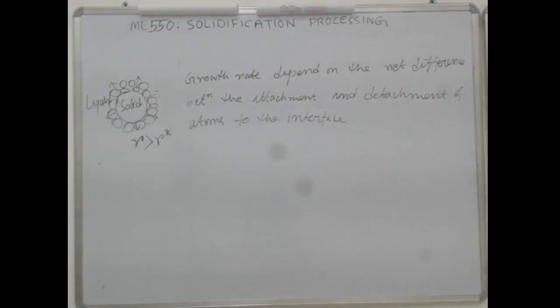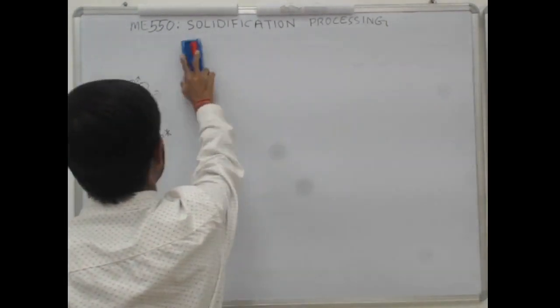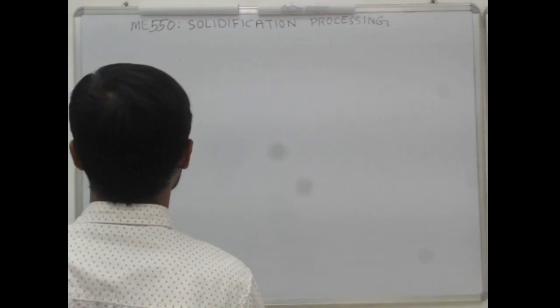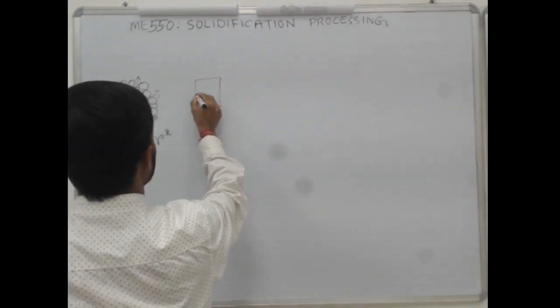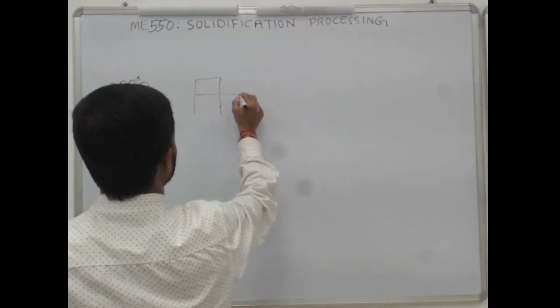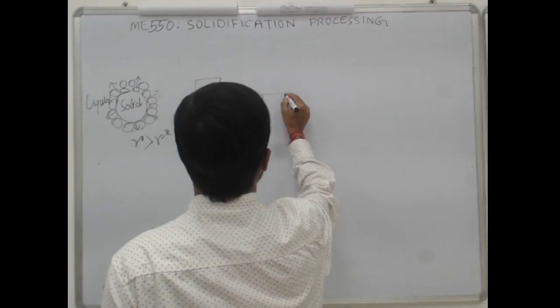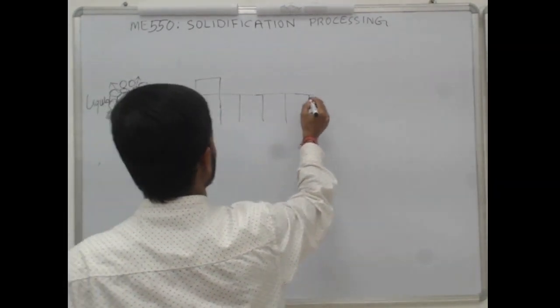Now, as I said, say the surface is rough. In two dimensions we are representing these things.